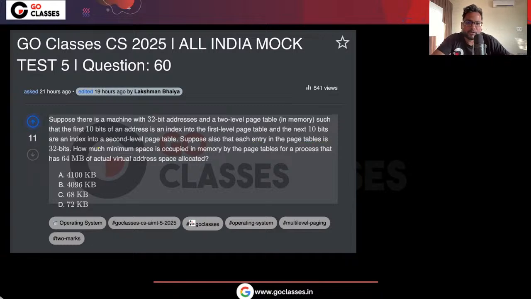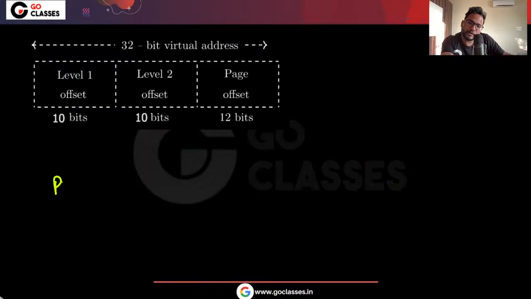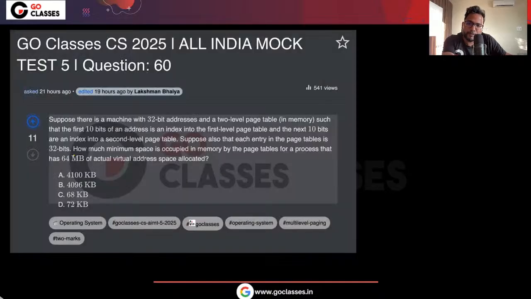So the page table entry is given to me, which is 32 bits. And the page size is also given, 32 bits. How much minimum space is occupied in memory by the page tables for a process that has 64 MB of actual virtual address space?